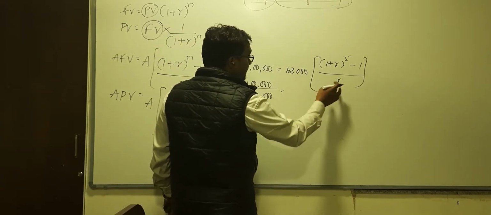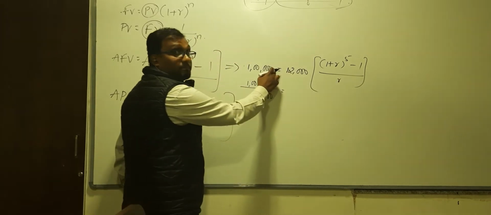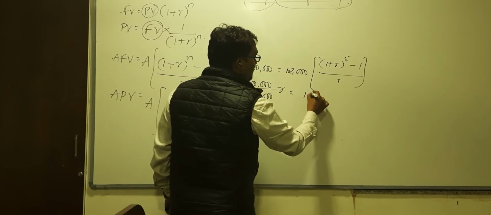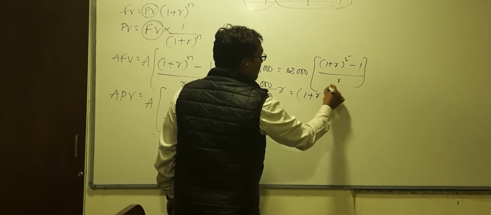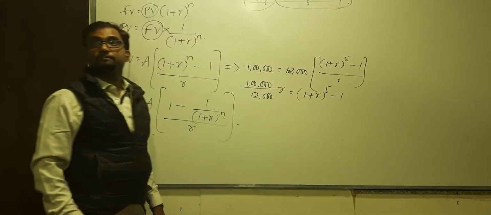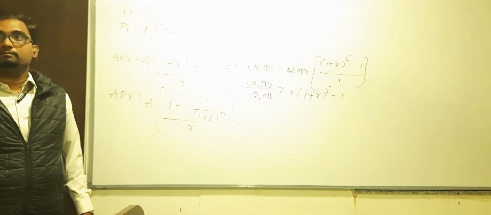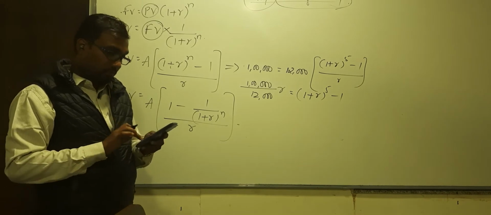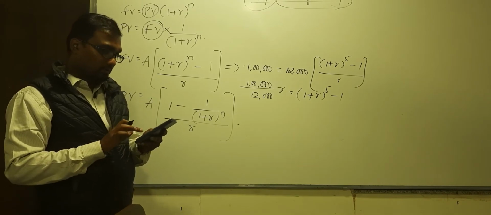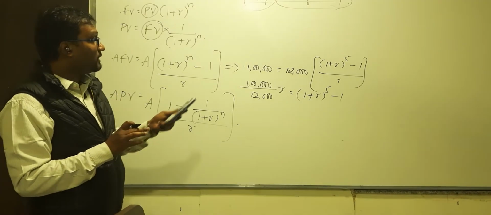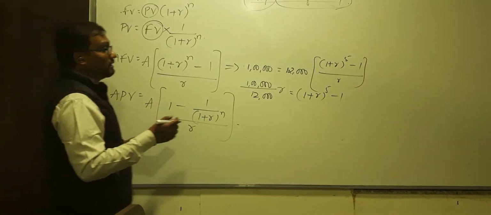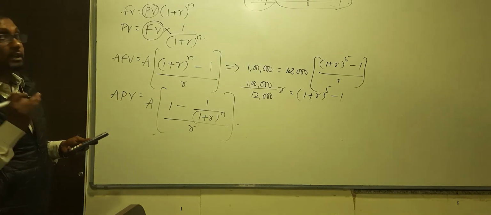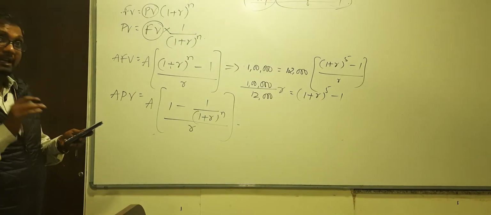I can even take this r to this side. So 1 lakh divided by 12,000 is 8.33. This is 8.33r. If you are using the table values, the rate of interest is unknown, so you have to do the trial and error method only.